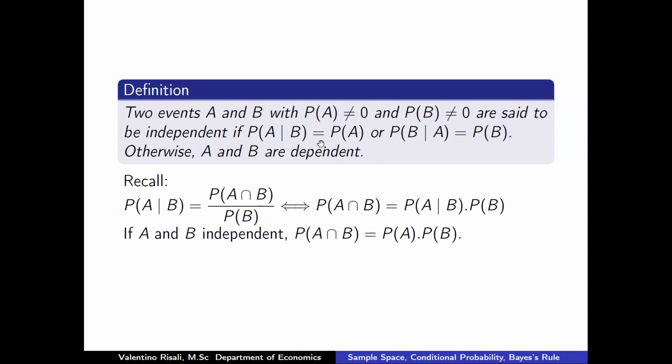And for another perspective of the definition, we recall that from the definition of conditional probability, we have this equivalence, and if A and B are independent, we can replace this with P(A) and then get this formula. So it is an alternative way to determine whether A and B are independent or dependent.